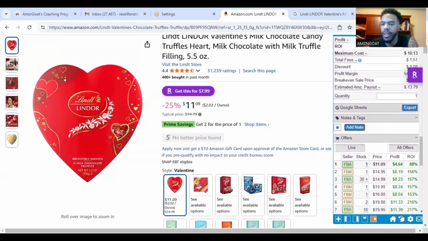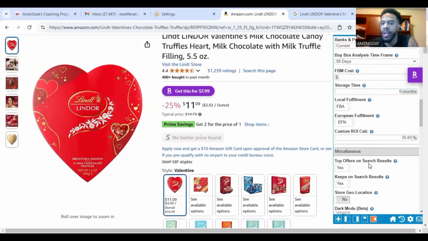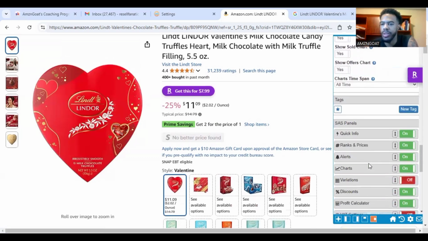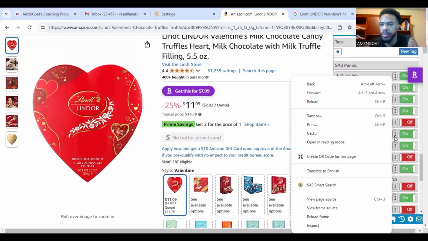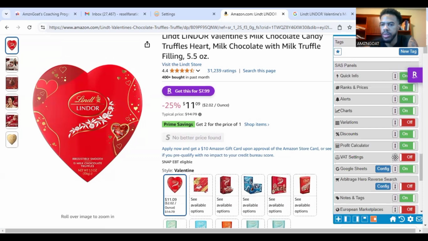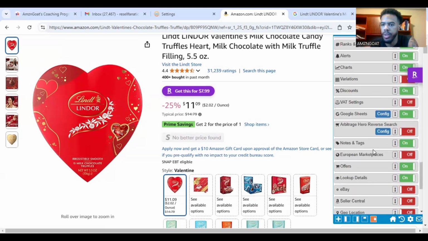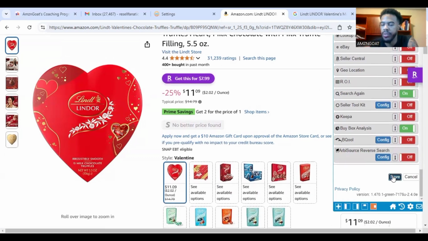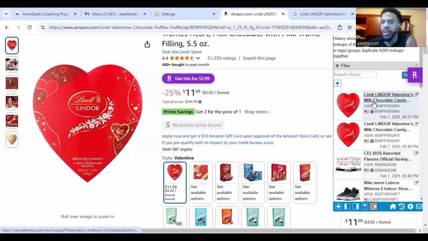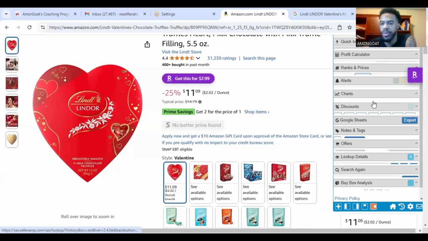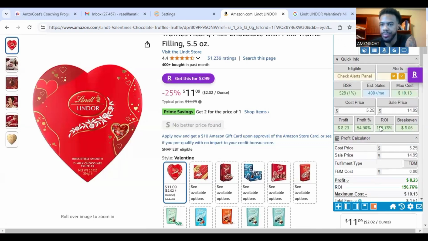So if your profit calculator isn't right under the quick info, you can literally just move it up. Oops. Let's see. Up, profit calculator right under quick info. And then again, make sure you save that in there. And now you'll be able to see a product.